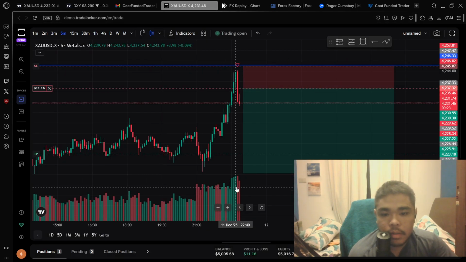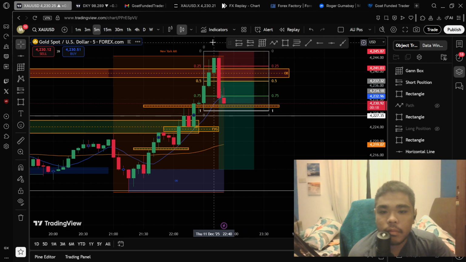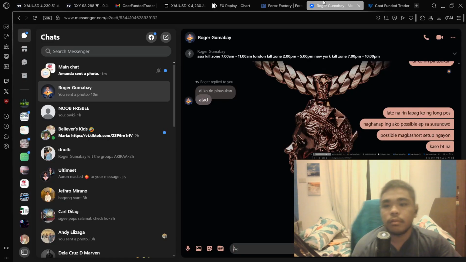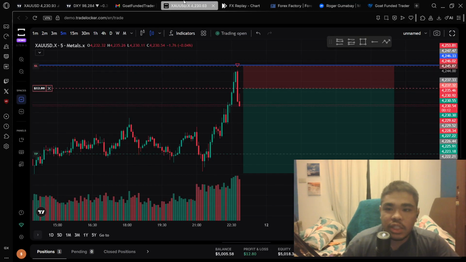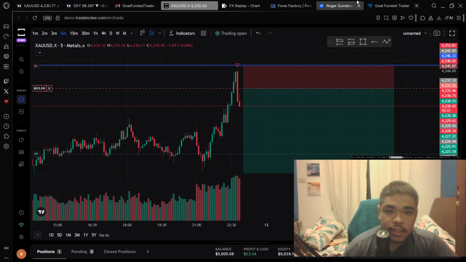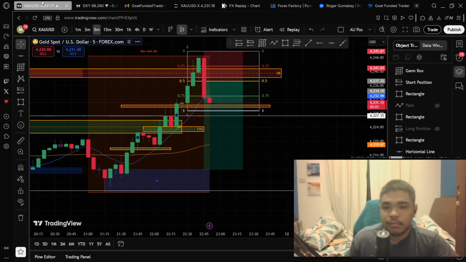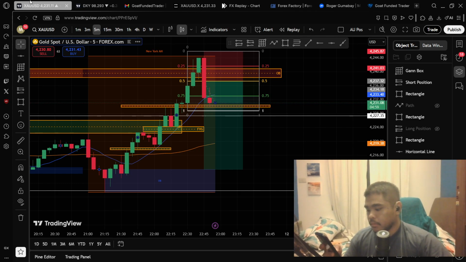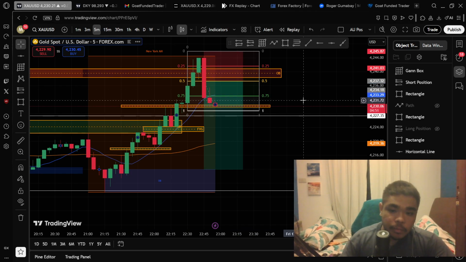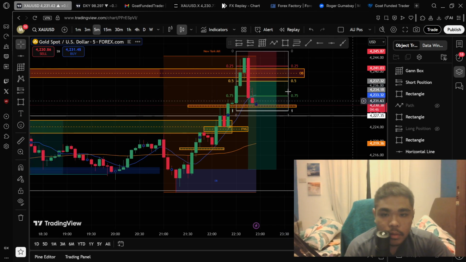It's still a bit of bearish momentum, bearish volume. At this level, what did I mark out there?